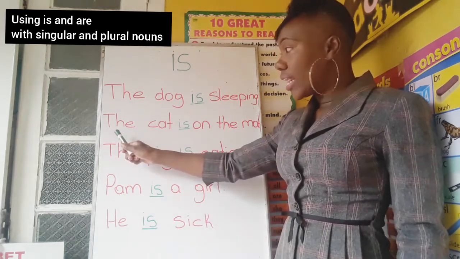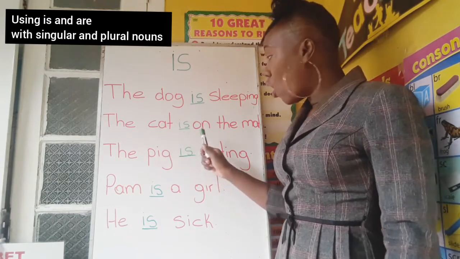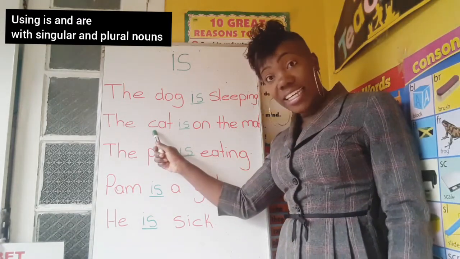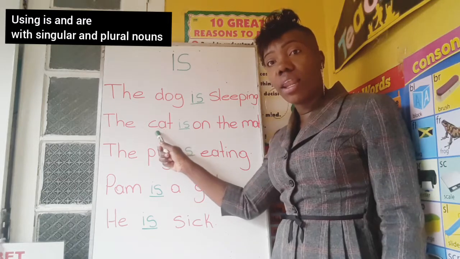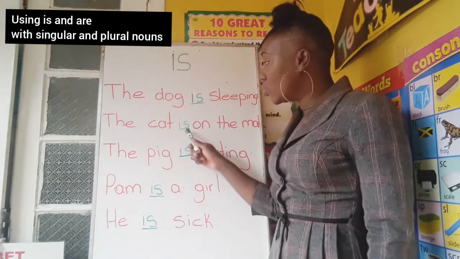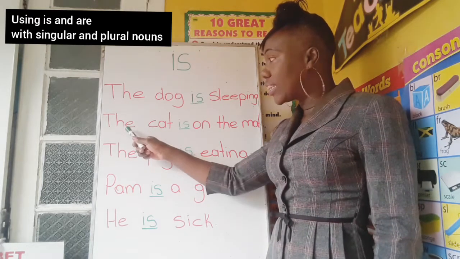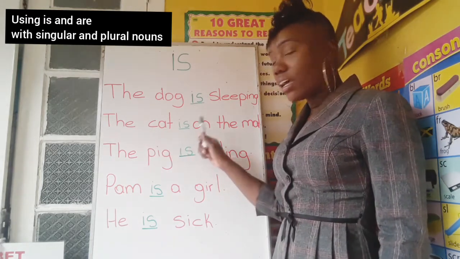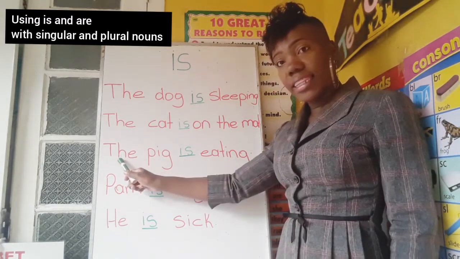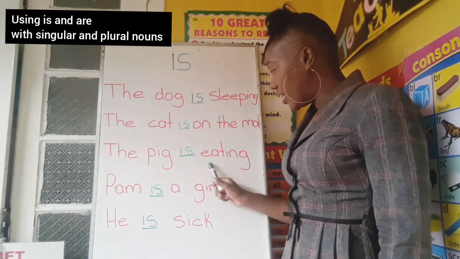Next sentence. The cat is on the mat. As you can see, cat here is singular, meaning it is how many cats? One cat. And you use is with the singular noun. The cat is on the mat. The pig is eating.